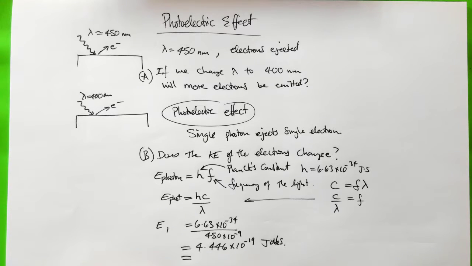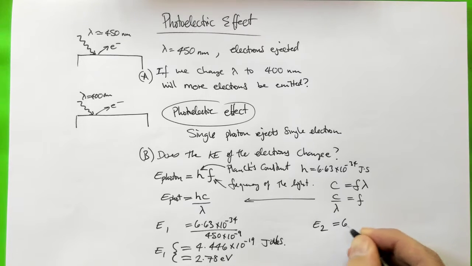So for electron volts, that will be divided by 10 to the minus 19, which is the charge on the electron, which gives us 2.78 electron volts. So that's E1 in either system of units. So in our second case, what's the energy of the photon?